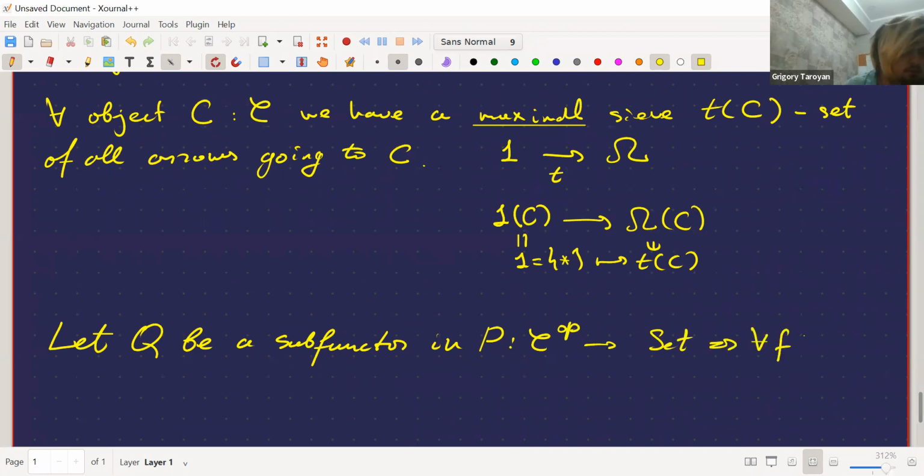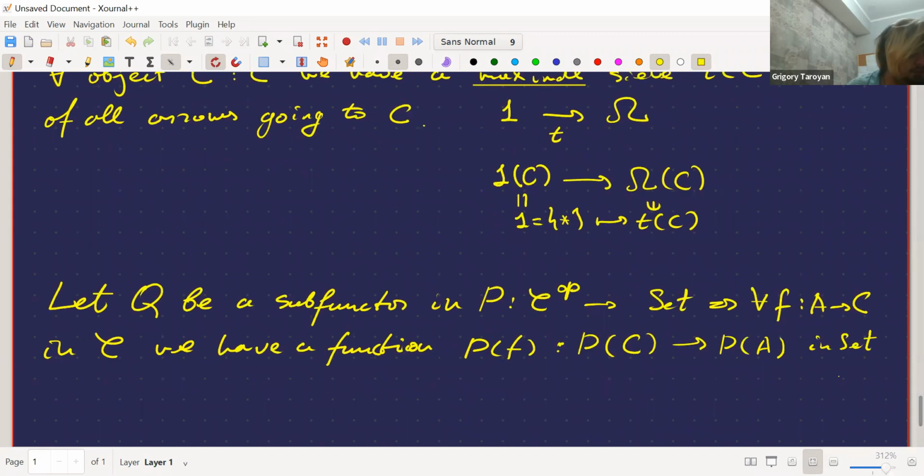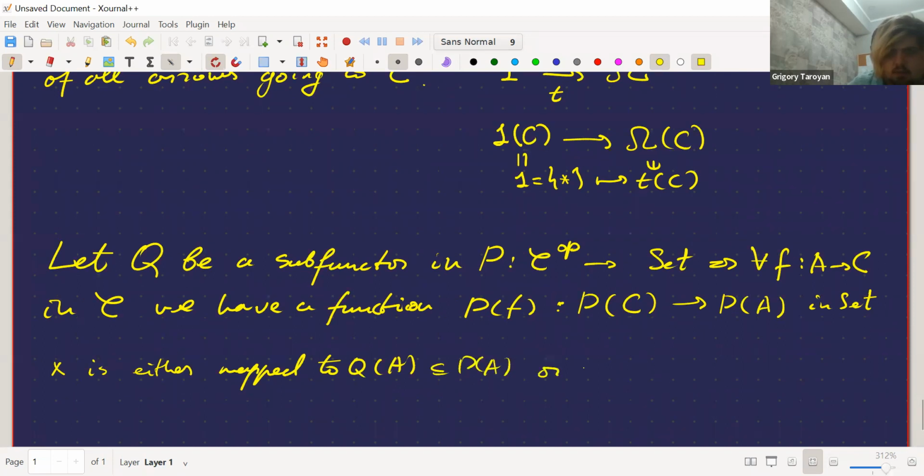Then, given F from A to C in the category, we have a function, since it was an opposite category, from P C to P A. This function is characterized by the following property: it either maps a fixed element X inside of Q of A or not.